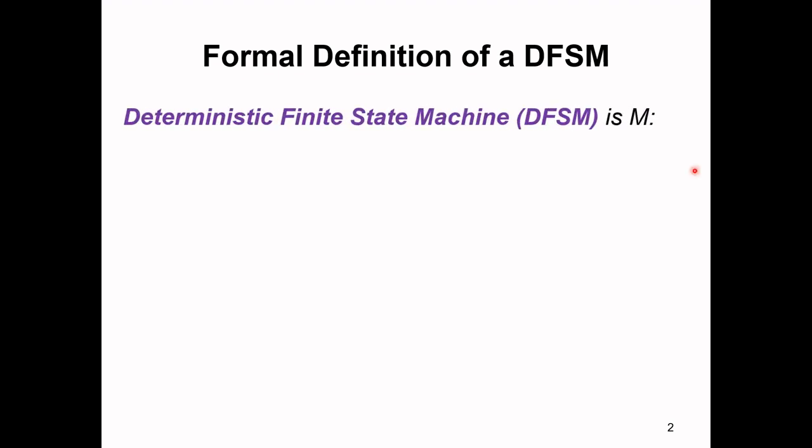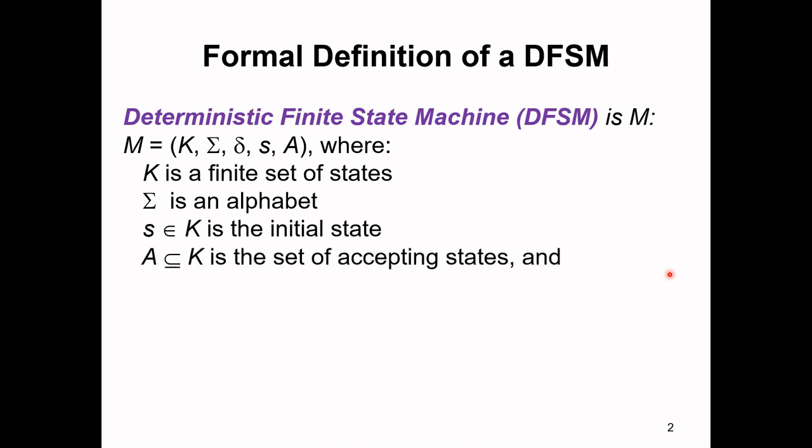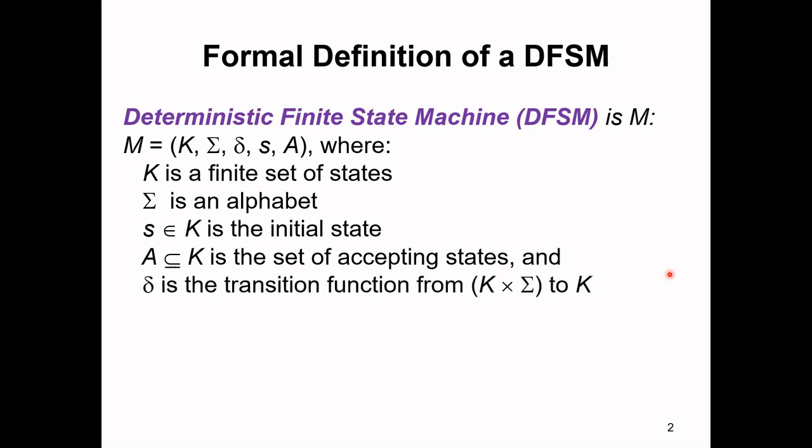A deterministic finite state machine is defined as M = (K, Σ, δ, s, A), where K is a finite set of states, Σ is an alphabet, s belongs to K is an initial state or start state, A is a subset of K, which is a set of accepting states, and δ is a transition function from a state and input symbol to the next state.